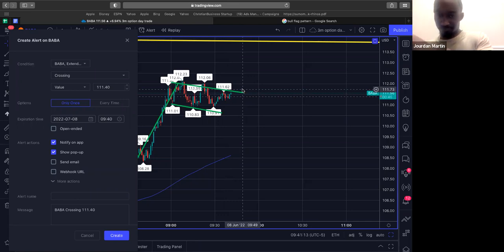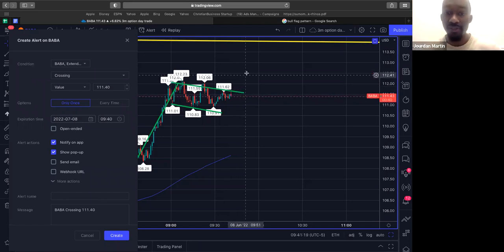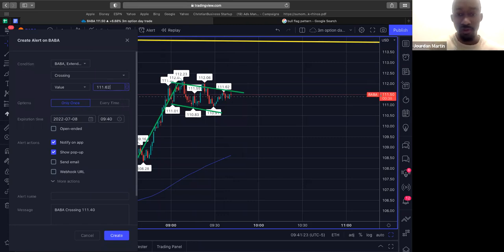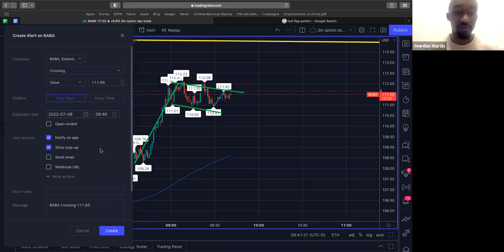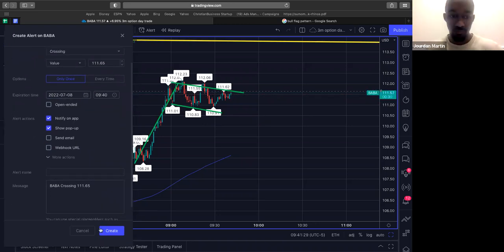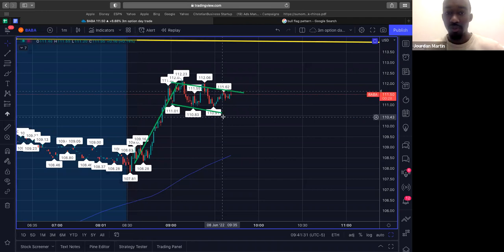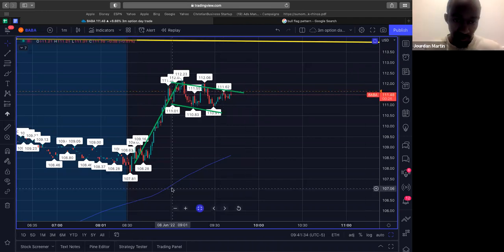You could also let it break, retest, and then if it breaks and goes back up after the retest, then you go ahead and lock in with it. But I'm gonna drop 111.65 for an alert for myself. So that's set. All right, hopefully I answered those questions.